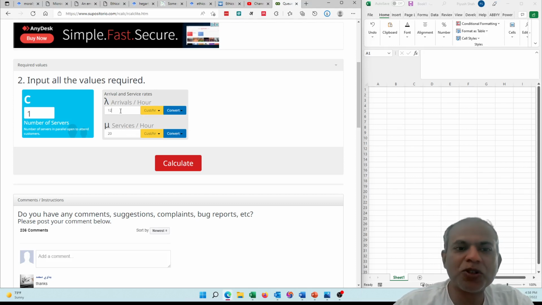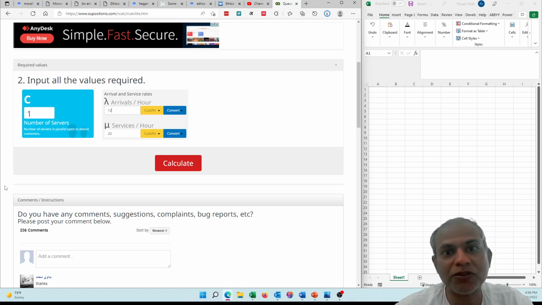So let's start by assuming that I have 12 arrivals per hour. In the perfect system where everything is uniform, ideally we should never have any queues because service rate, which is the ability to serve 20 customers per hour, is way higher than the arrival rate, which is 12 customers per hour. But this is not a perfect world.